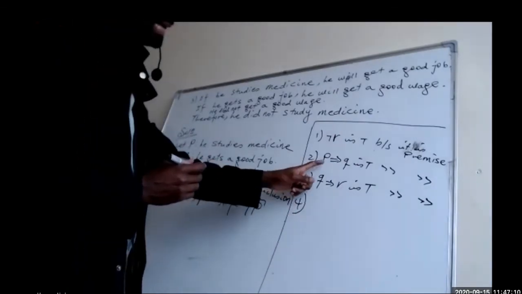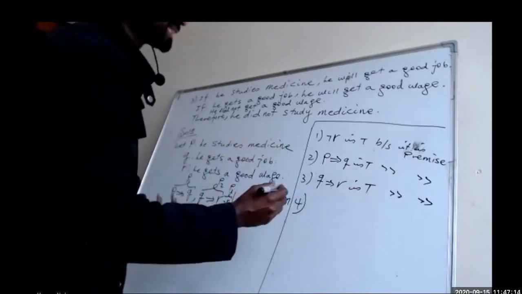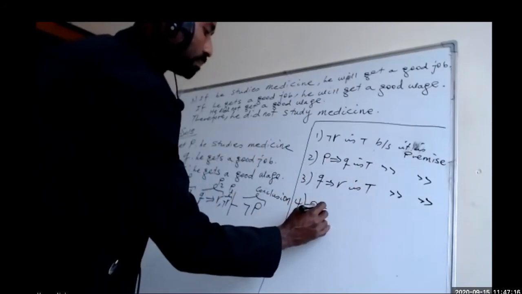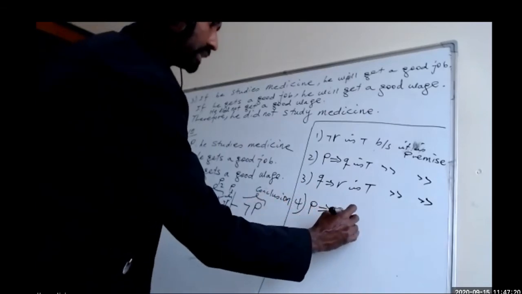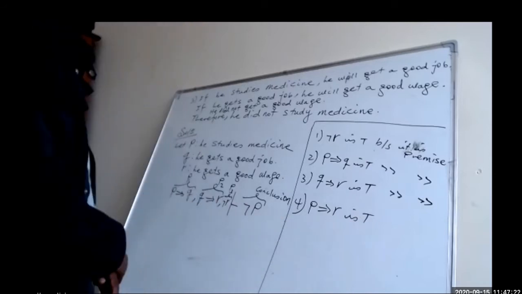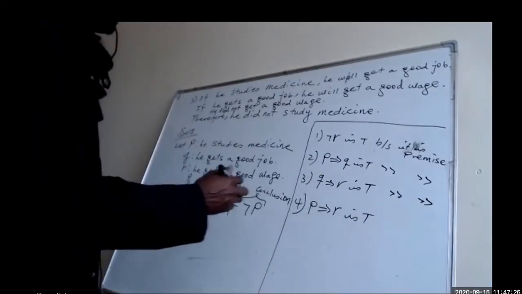But P implies Q true and Q implies R true means that P implies R is already true. The reason is syllogism.